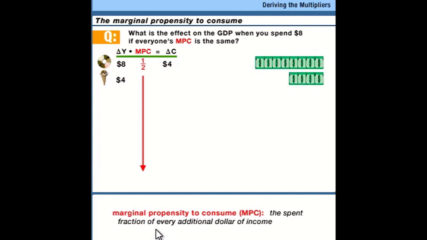So his consumption increases by $2, which becomes new income of $2 for the woman who runs the greeting card store. So let's put this income down here for her. Now, she's got a marginal propensity to consume of 50%, so she's going to go spend $1, maybe to buy an apple, which adds $1 worth of income in the pocket of the grocer.